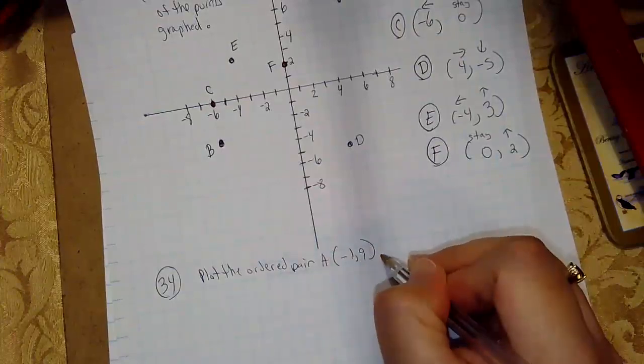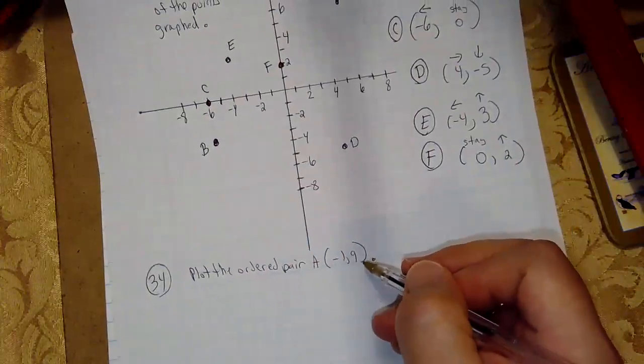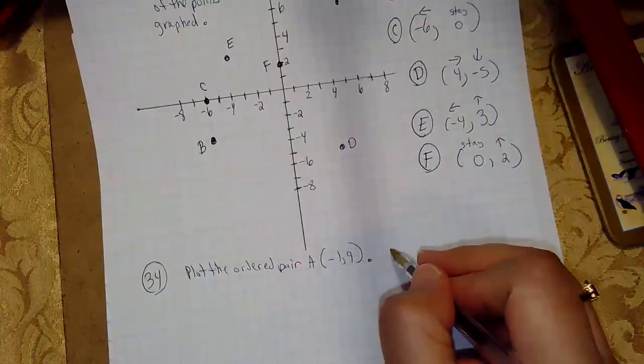So they want you to plot the ordered pair below in the coordinate plane. And then it asks in which quadrant or on which axis does the point lie?